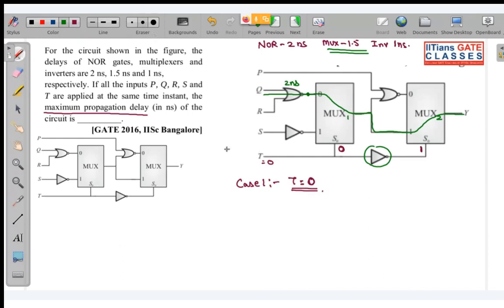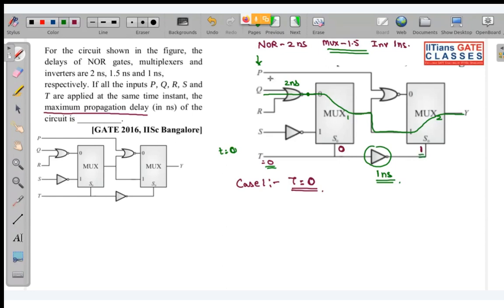At t equal to 0, t meaning time, all the inputs are applied: all the inputs p, q, r, s, t. This t is 0, I am assuming. If this is 0, after 1 nanosecond the output of this inverter has stabilized to 1.